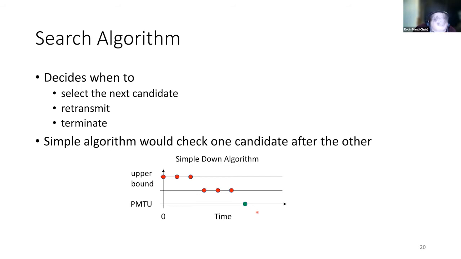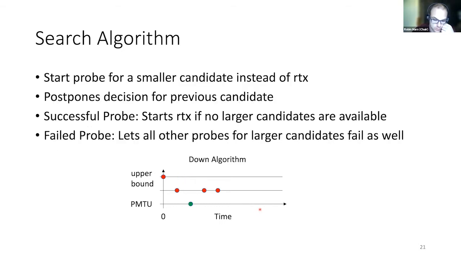As this makes detecting a failed probe quite time consuming, instead of retransmitting a probe packet, we start a probe for a smaller candidate. Again, with the downward sequence, our algorithm starts by probing the first candidate, detecting its loss, and then instead of retransmitting it, we start a probe packet for the next smaller candidate.